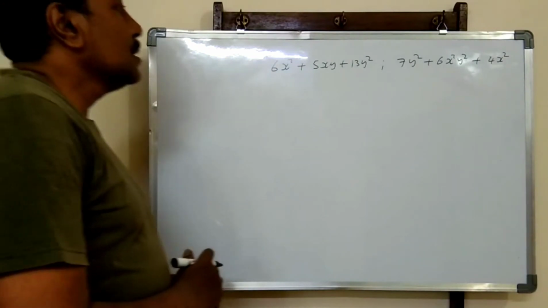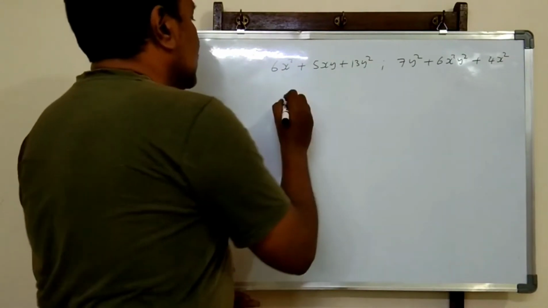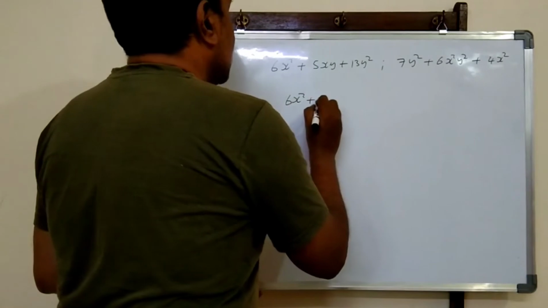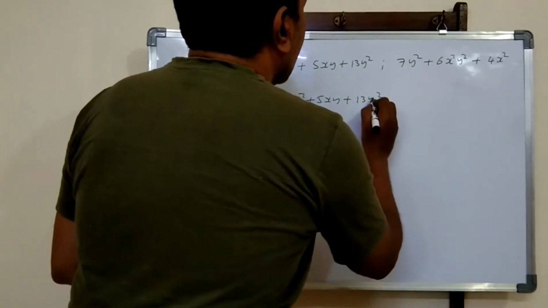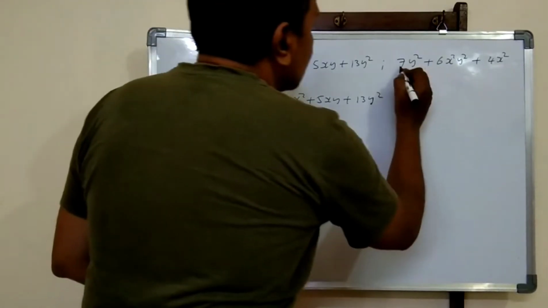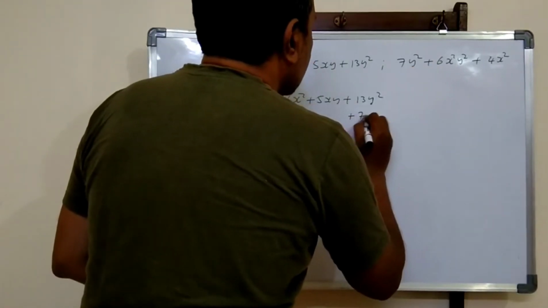So how do we have to arrange this? 6x square plus 5xy plus 13y square. What you have to do here is, 7y square comes under 13y square.